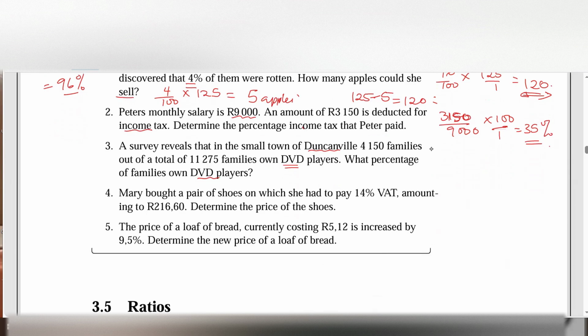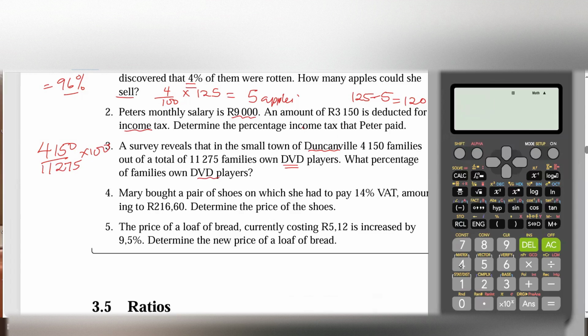So we're gonna get the 11275. No. It's the other way around because they told us 4150 out of 11275 own. Okay, so it's going to be 4150 over 11275 times 100.